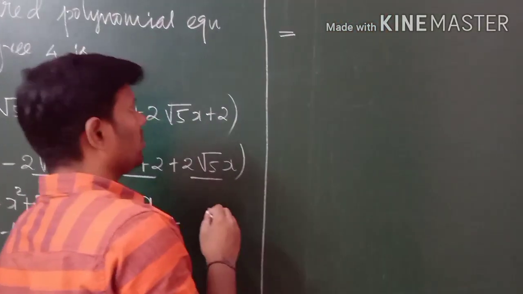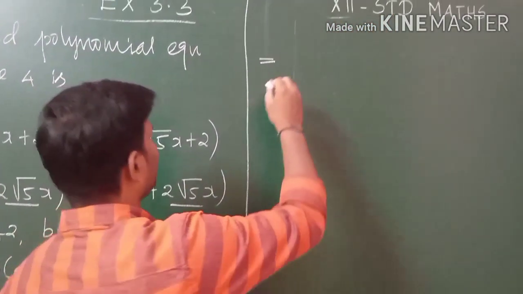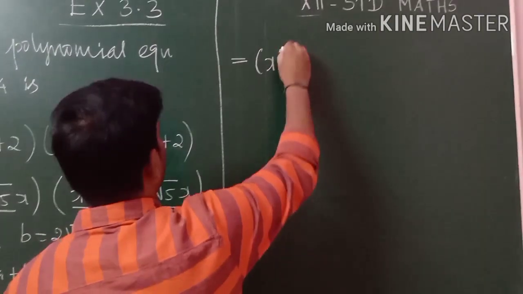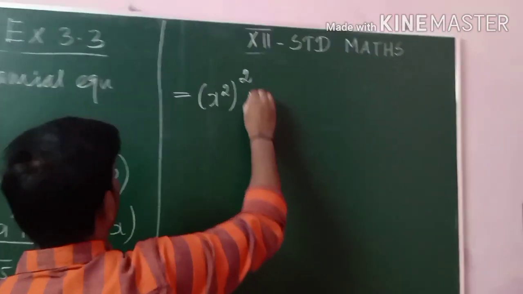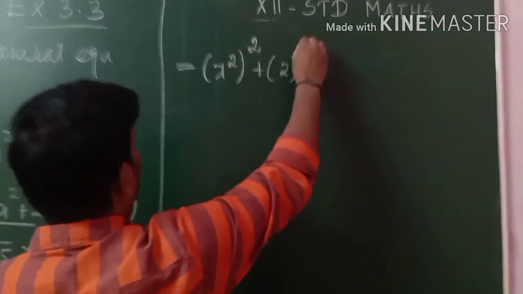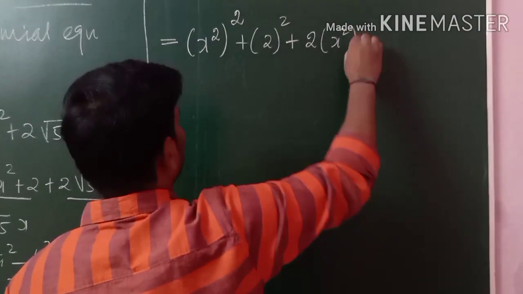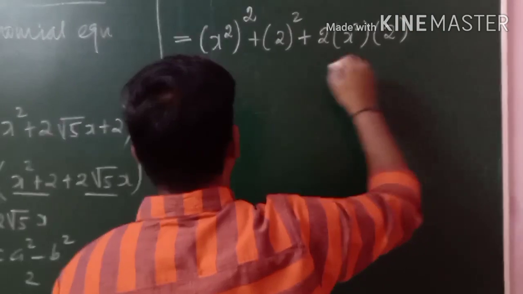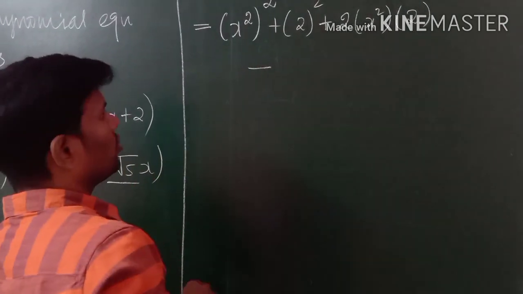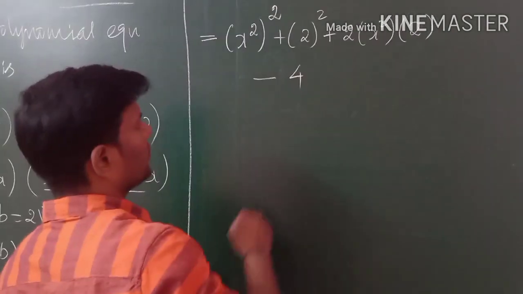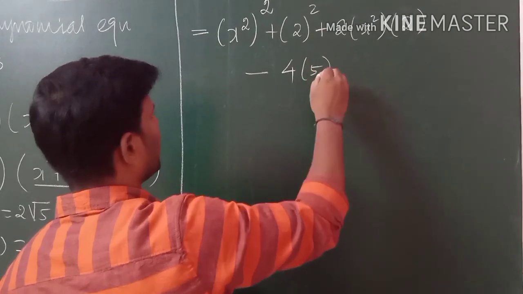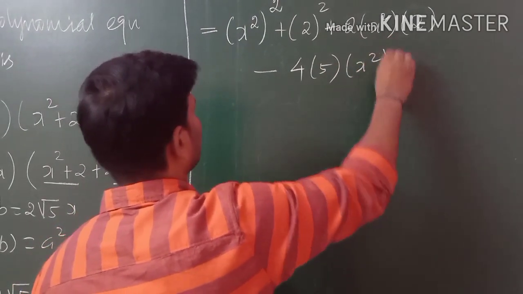x square plus 2 the whole square is in the form of a plus b the whole square. So a square, x square the whole square, plus b square, 2 square, plus 2ab, 2 into x square into 2, minus 2 square root of 5 x whole square. 2 square is 4, square root of 5 square is 5 and x square is x square.